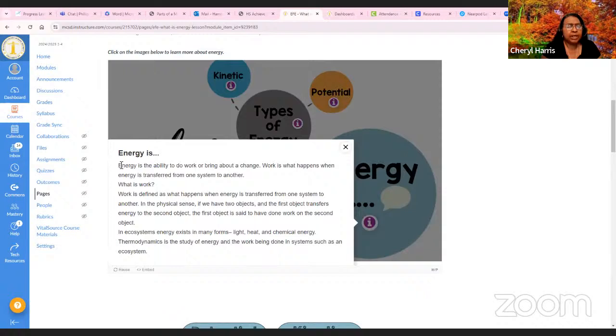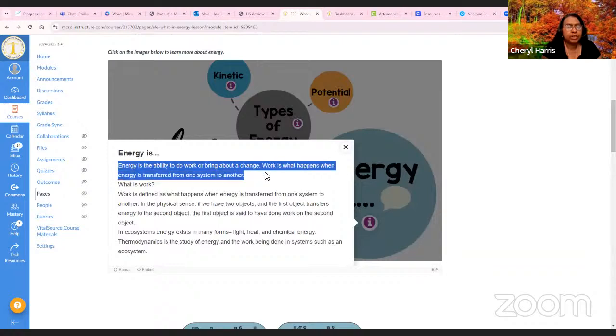All right. So again, energy is the ability to do work or bring about change. And it happens when the energy is transferred from one system to another. So if you haven't written that part down, that's something you need to write down.